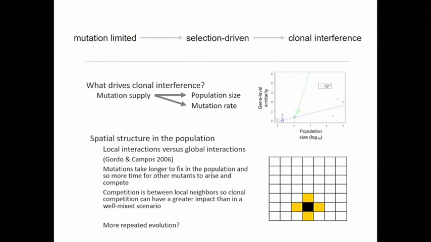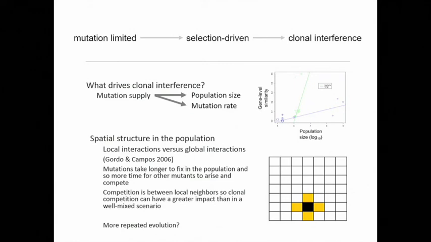But in the lab right now, we're thinking about how spatial structure in the population might also be important in driving clonal interference. This is the idea of local interactions. If we aren't thinking about a well-mixed population, and instead think about a population where individuals tend to interact locally with their neighbors, the expectation is an increased probability of clonal competition.